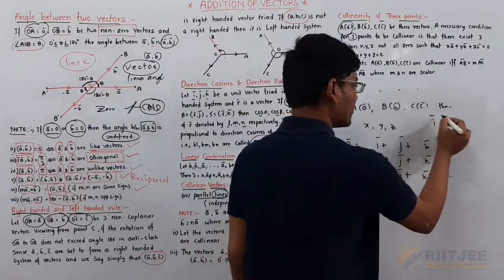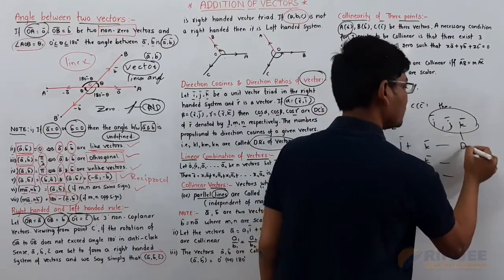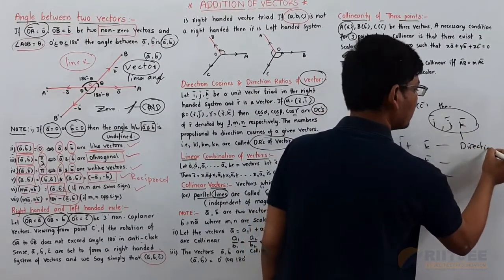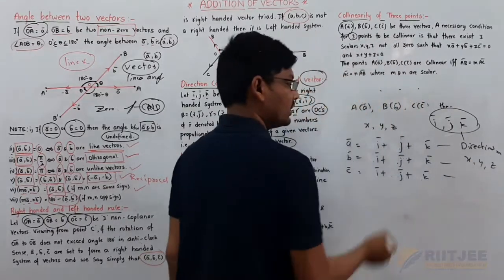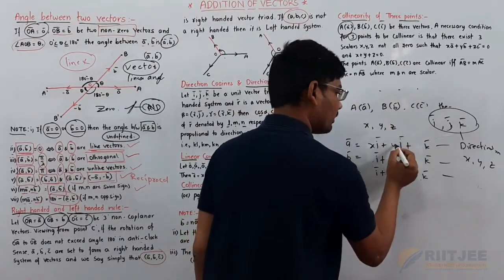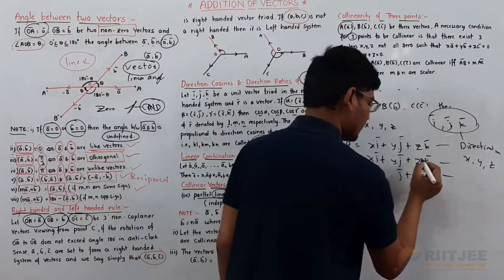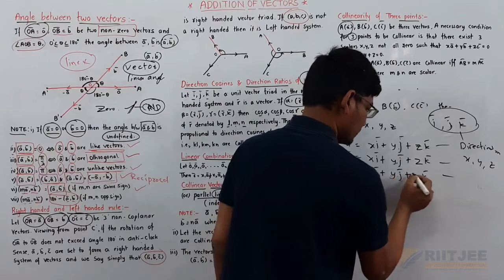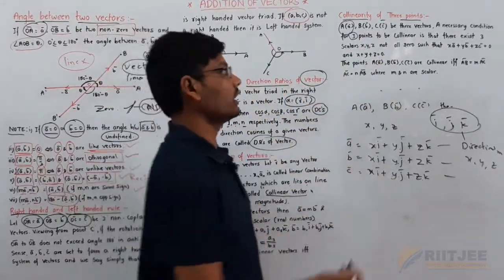So i bar, j bar, k bar are directions on the x, y, z axes. So simply I am writing x coordinate, y coordinate, z coordinate for each. Here we have three vectors.